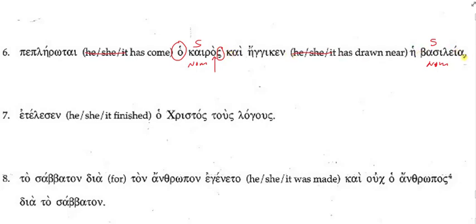He basileia, what's my case ending? Nothing, right? The stem vowel is alpha, and so this is what declension pattern? First, and the article matches it, doesn't it? He basileia. All right.